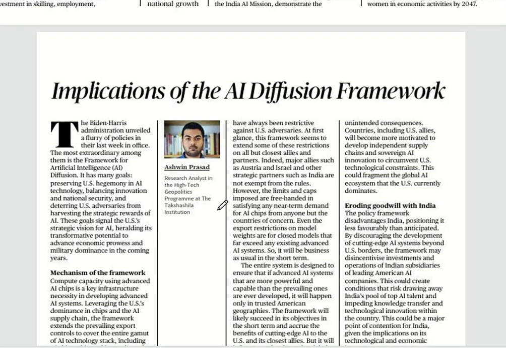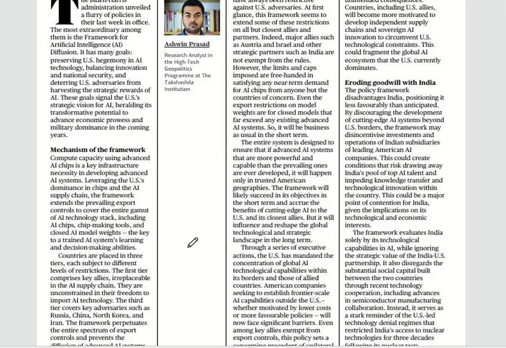This is the implication of the AI diffusion framework in the current day. You are seeing the importance of AI and its components in India, the US, France, and China also. There are some countries leading in this field.